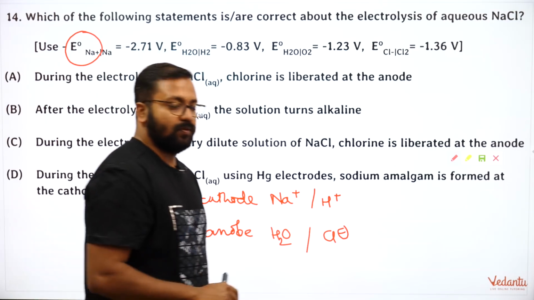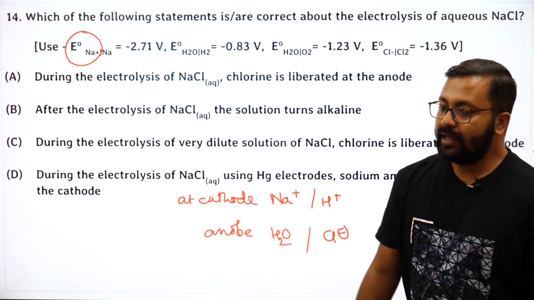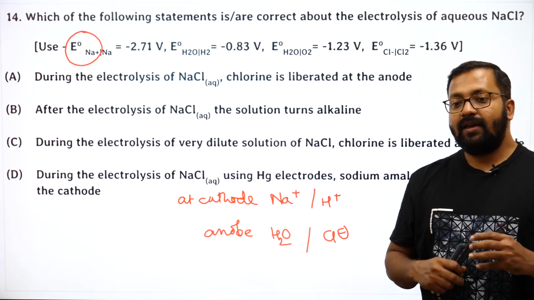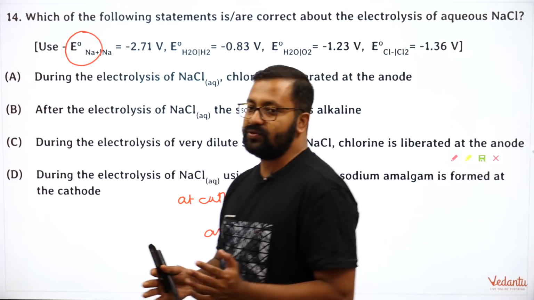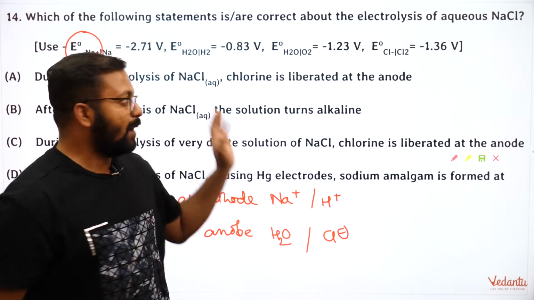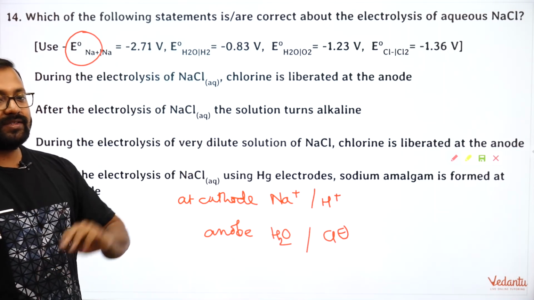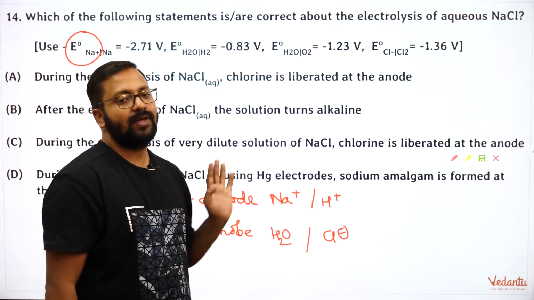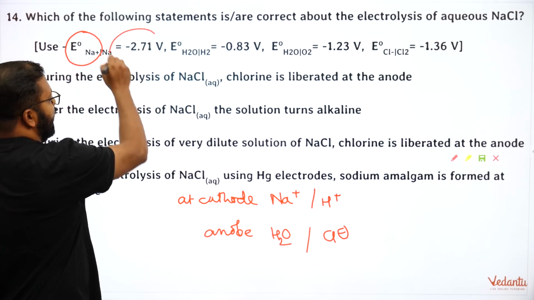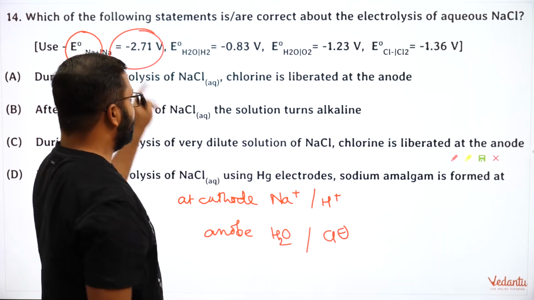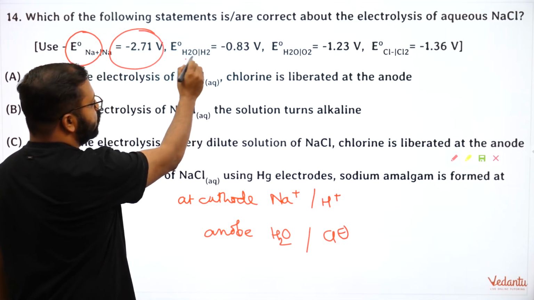Now, how do we decide which will win? Obviously the one for which the delta G value is more negative will win. But here all the values are given as negative, so the one in which it is least positive will win. I take H2O changing into H2.